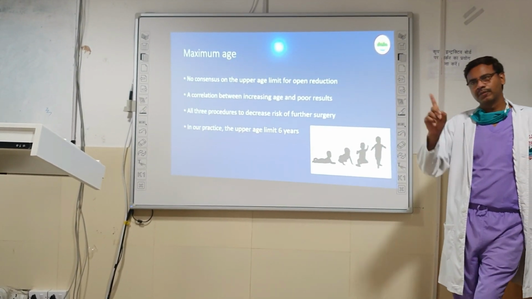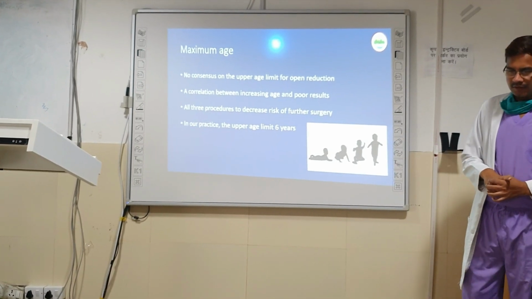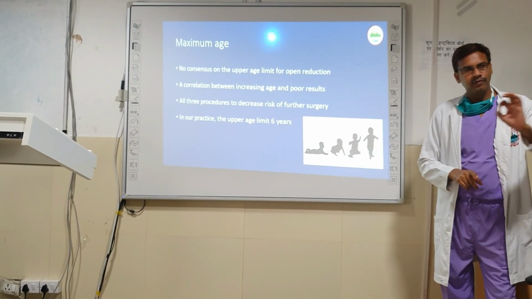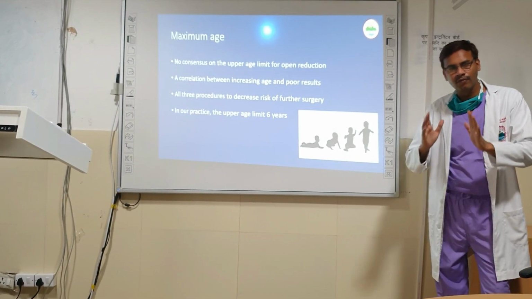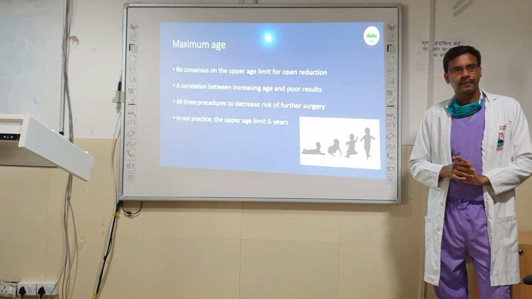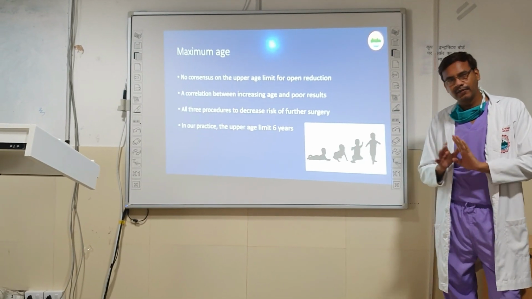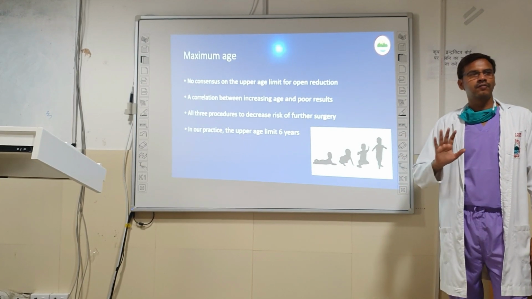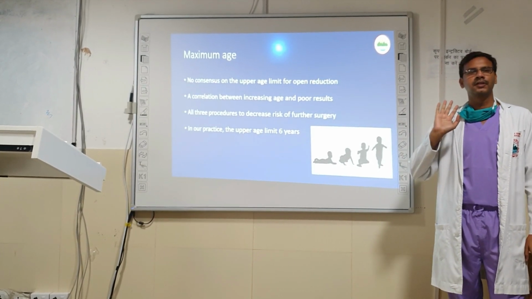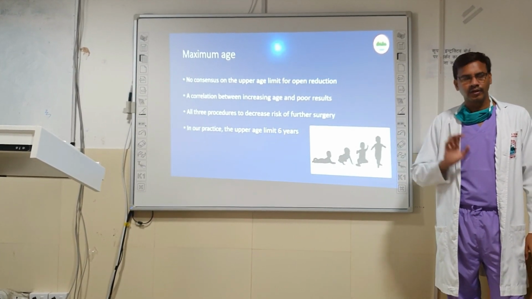And you should remember one more thing. CTEV is always CTEV whatever you do. You can never give a normal foot to a child. You can correct it by Ponseti, you can do surgery, but this foot will always be a club foot, and it will give complications either in adult life or maybe in older age.